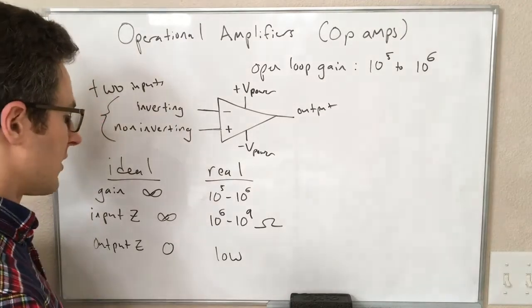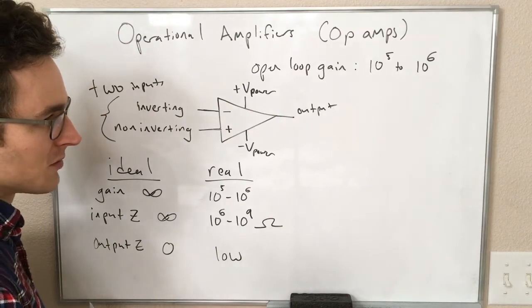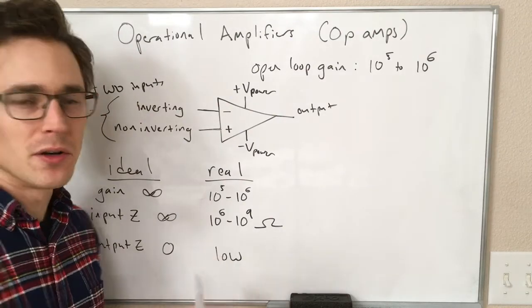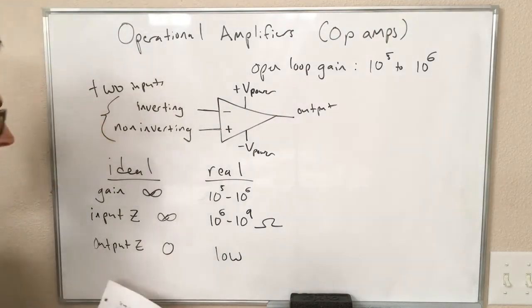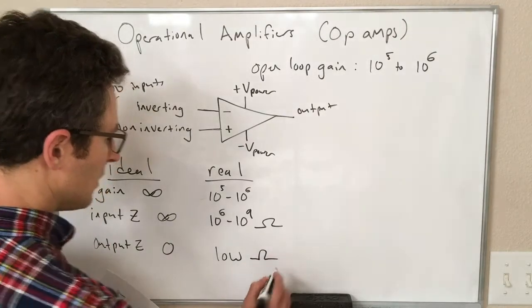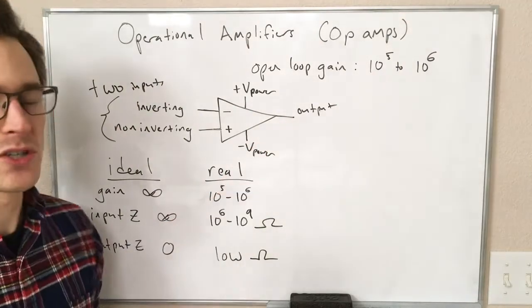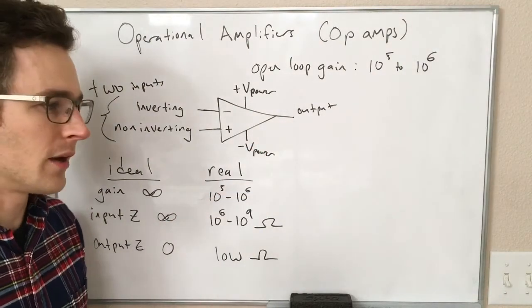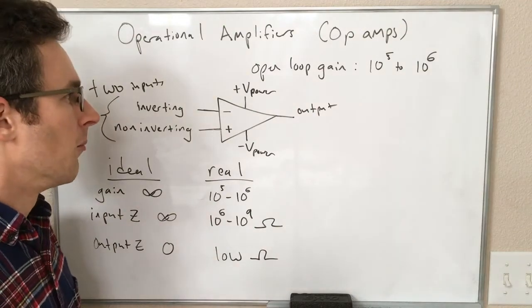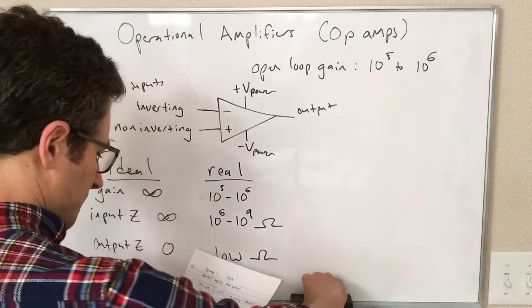So you can figure out what resistance that's going to be: some tens or maybe low hundreds of ohms. Low ohms, but not zero. So there is a limit to how much current the op amp can supply, and that shouldn't be surprising.